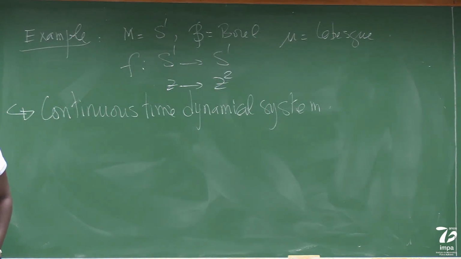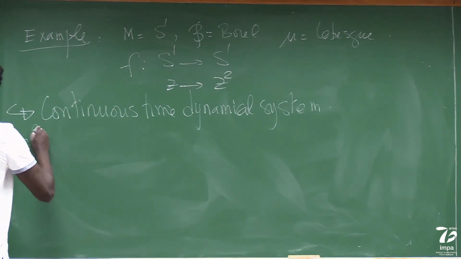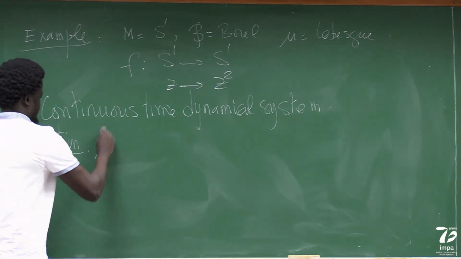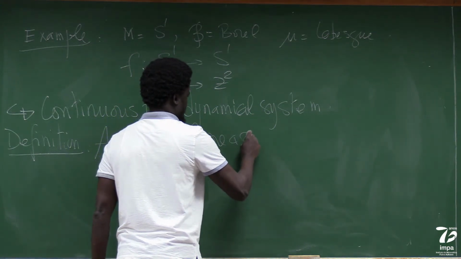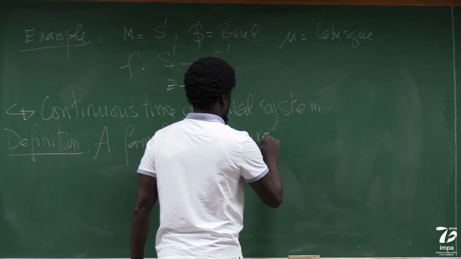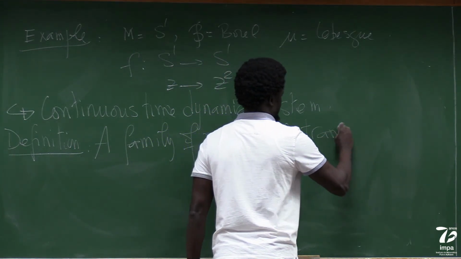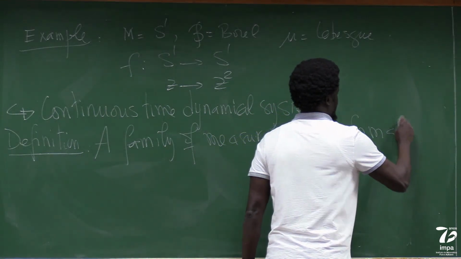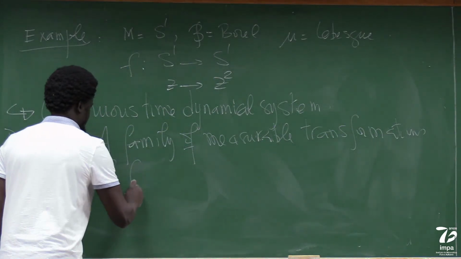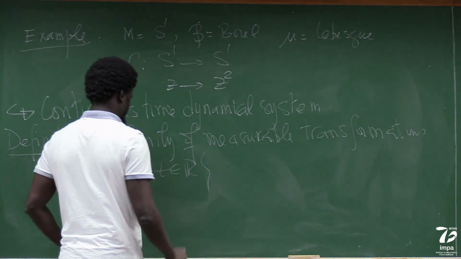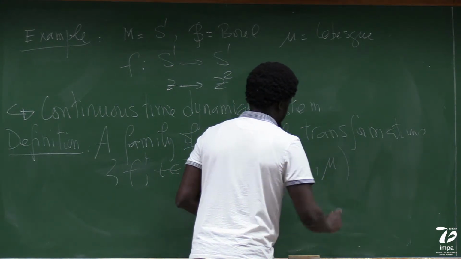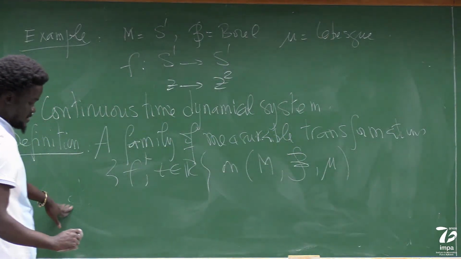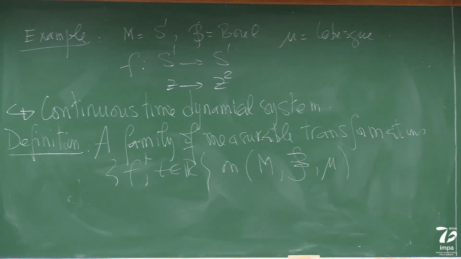So if you have a family, the definition: a family of measurable transformations f_t for t in R on (M, B, mu) with the property, sorry, this is what I was saying before that I did not put this.